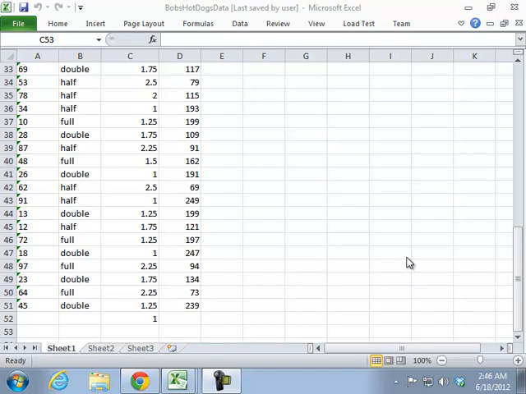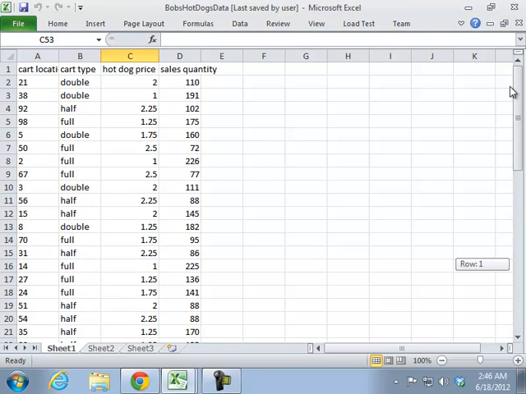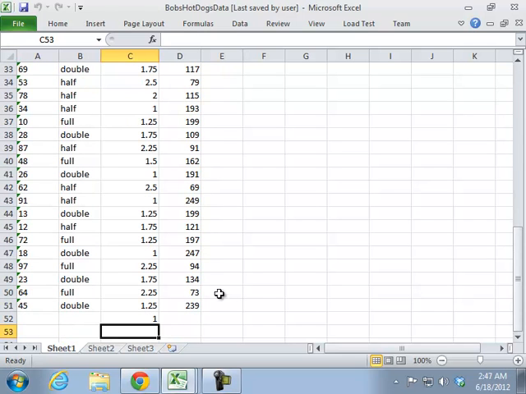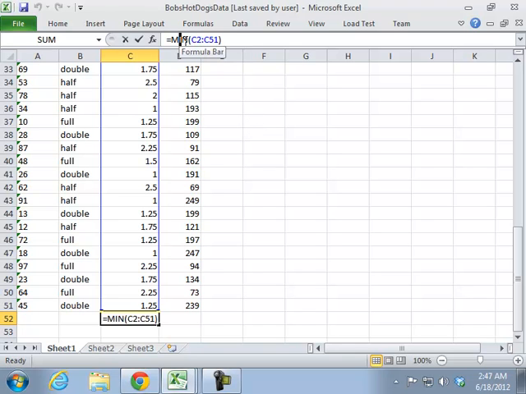Okay, first off, when we look at this data, we want to know what the range is for the other hot dog stands. Now we can eyeball it and go through the list, or we can use the max and min equation. So min tells us that the lowest price in this column is 1, and if we say max instead, we see that the high is $2.50.